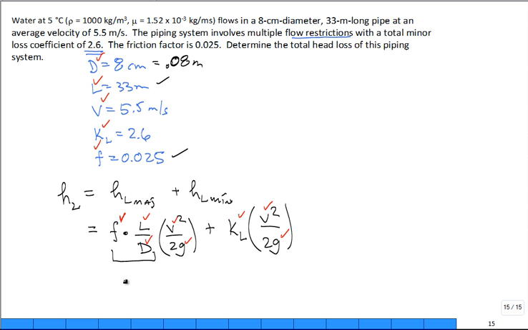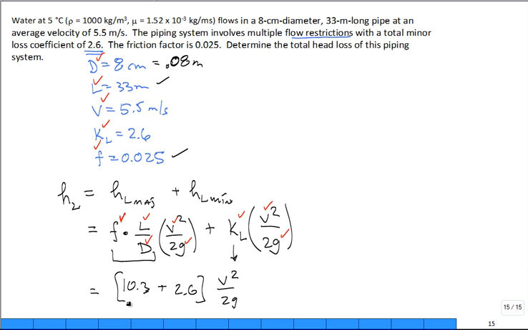This coefficient becomes 10.3. The K was 2.6, V squared over 2g. So you can see that in this case, the major losses still dominate the frictional losses, or the head loss. See that? Okay.